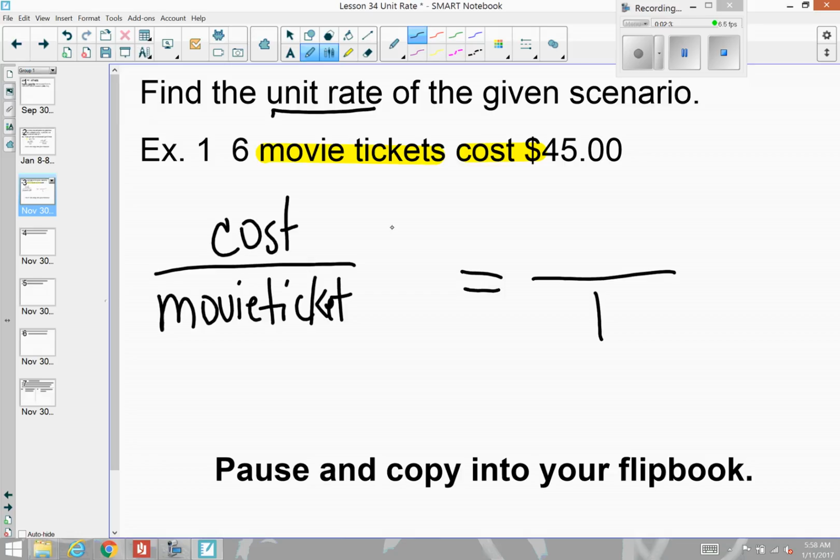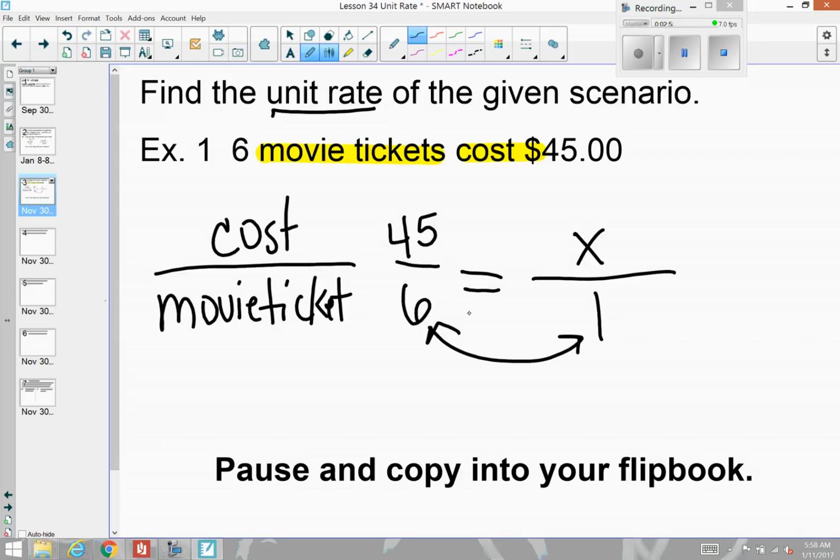All right, so we know for 6 tickets, it'll be $45, I apologize. So how much will it be for one ticket? This is what we're looking for. Well, we're going to divide. How can 6 become 1 or 1 become 6?